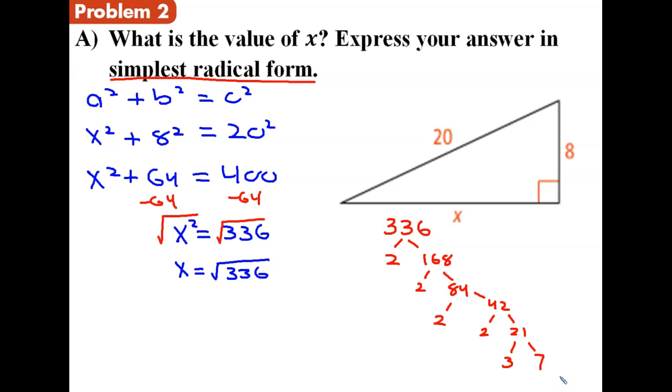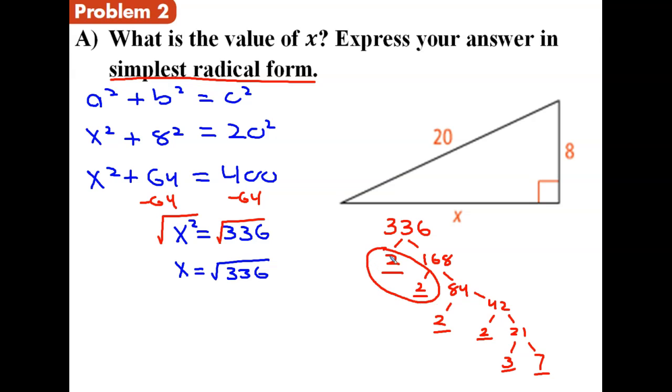Okay, so why did I do that? Well, I just showed that 336 is equal to 2 times 2 times 2 times 2 times 3 times 7. Okay, we'd say that's a prime factorization of 336. All the multiples are all prime. And why am I doing that? Well, what I'm looking for is perfect squares. In other words, groups of 2 numbers at a time.